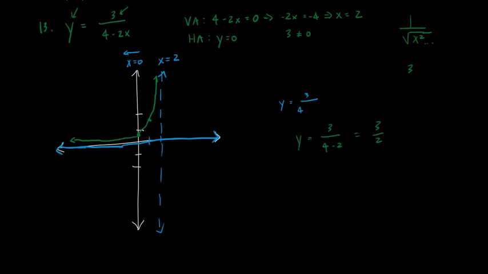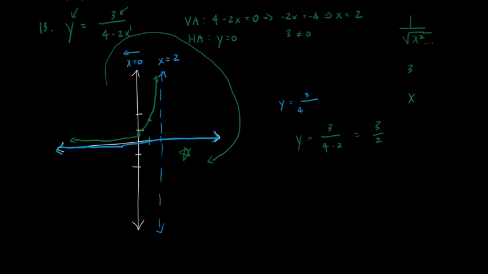Now, remember, I said that this right here is x to the 1, and that is an odd function. So odd functions are symmetrical by a rotation of 180 degrees. If I take this entire graph and rotate it 180 degrees, you'll notice that it's now going to be in this quadrant right here.